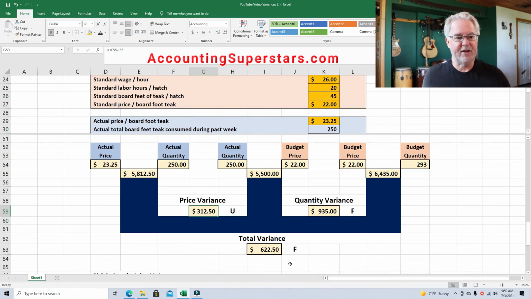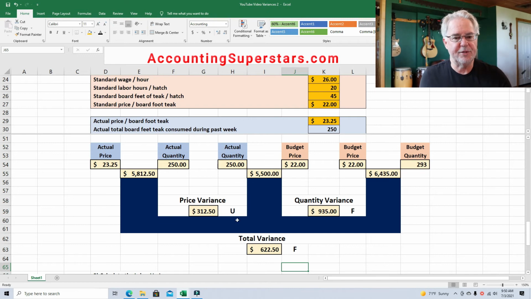And how did I know that it's favorable? Well, one way is that budget is greater than actual. Another way is that the quantity variance is a bigger number than the price variance, so we're left with a favorable variance. It's sort of like debits and credits, how they net out. All right, so there is the materials variance.